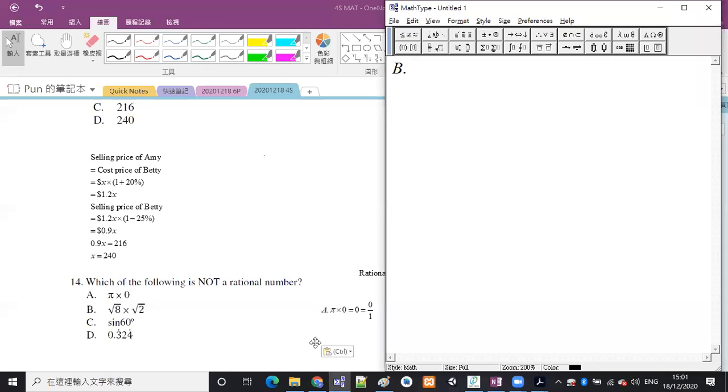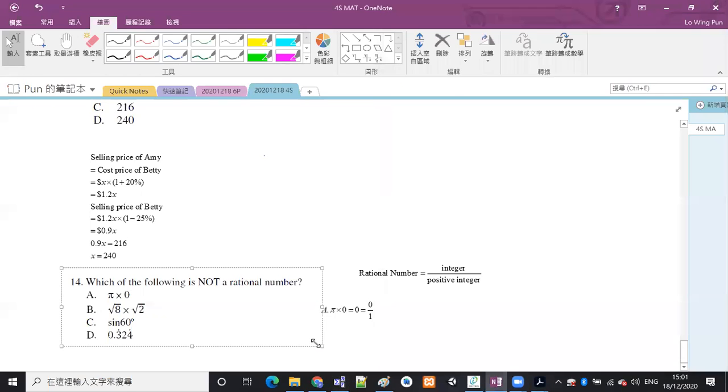B, root 8 times root 2 is root 16, right? But root 16 can be simplified to 4. And 4 can be written as 4 over 1. Integer over positive integer. So B is a rational number, so B is not the answer.